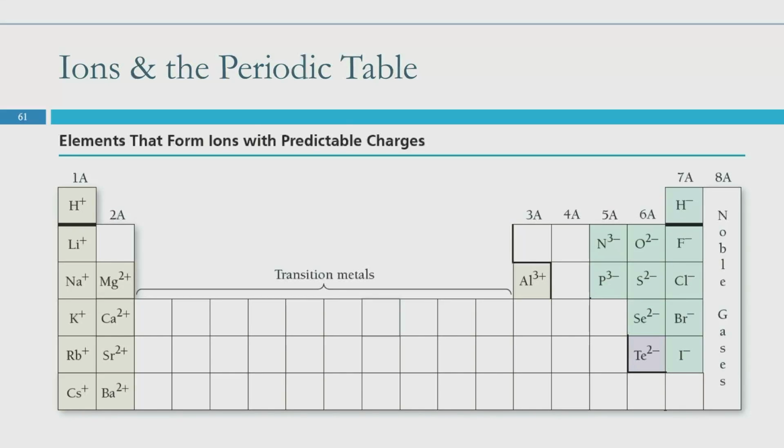They all follow that same rule. 1A forms 1 plus charges, 2A forms 2 plus charges, 3A or 13, 3 plus charges. And then when we move to our nonmetals, 7A moves over 1 to be a noble gas, 1 negative charge. 6A, 2 spots over, 2 negative charge. 5A, 3 places, 3 negative charge. So these are must know.